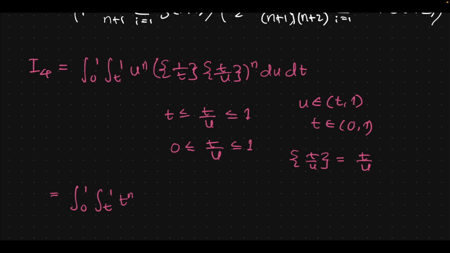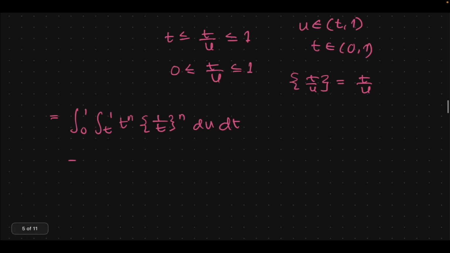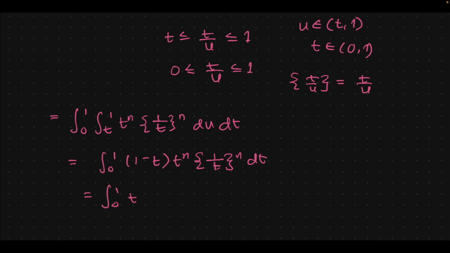So the u to the n goes away, and we have 1 over t to the n du dt. You can integrate the u out, so we get 1 minus t to the n, 1 over t to the n dt, and we can split this up into familiar results that we can use from before.